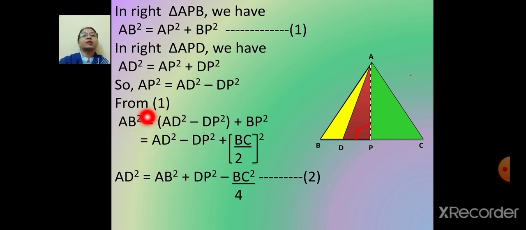This minus DP when I shift on the other side will become plus DP square, and this plus BC by 2 the whole square when I shift on the other side will become minus BC square, and 2 square is 4. So minus BC square upon 4. Give this new equation as equation number 2.